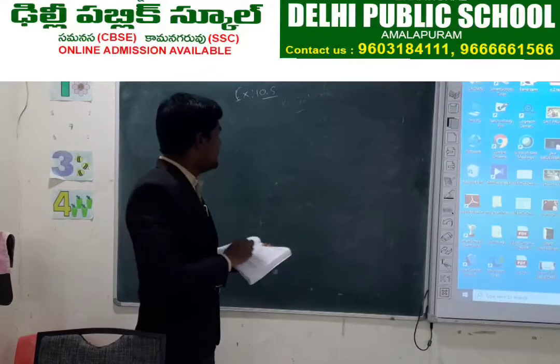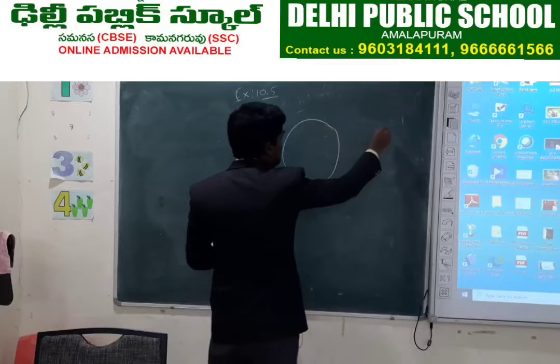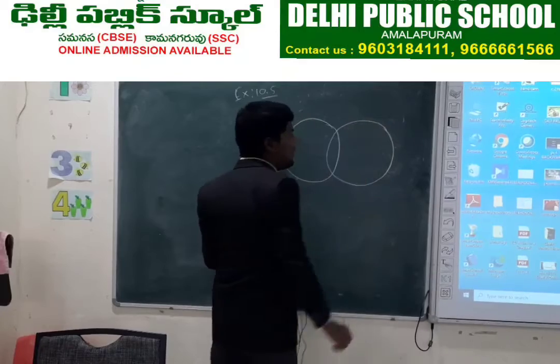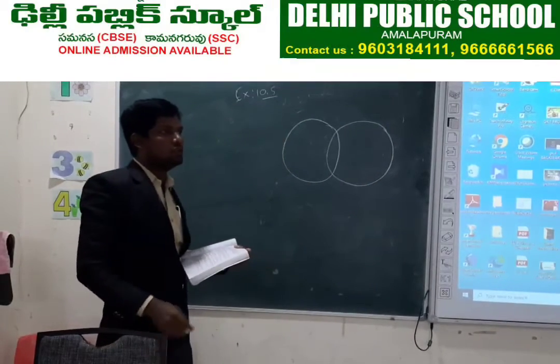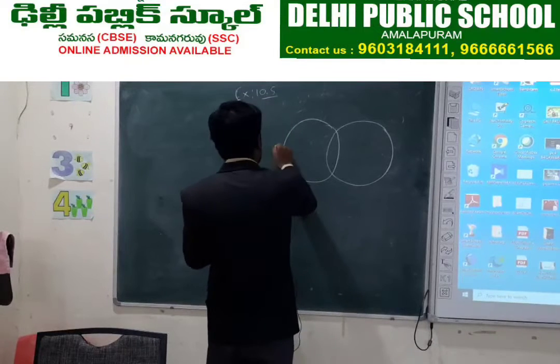Okay, see here. First, draw the two circles. Draw with me, you won't get confused. How many points are there on the circle?